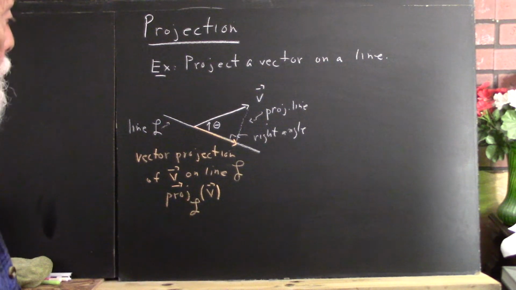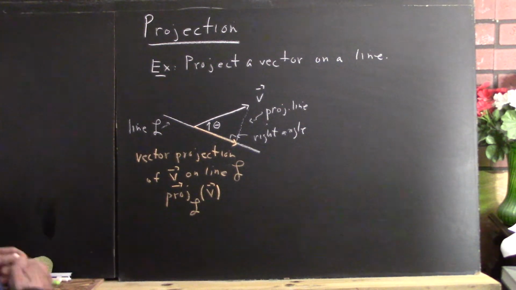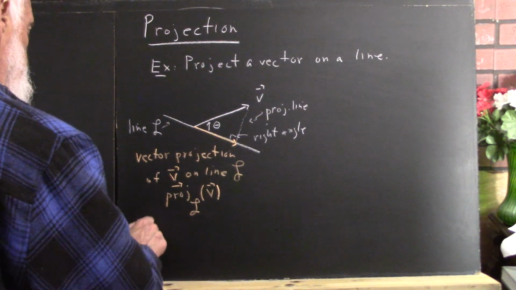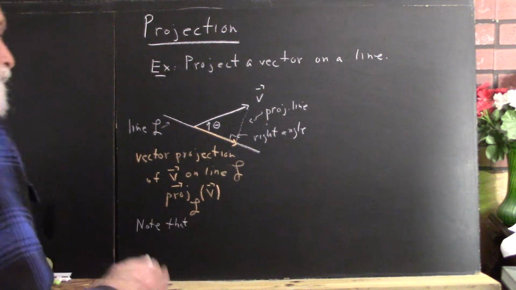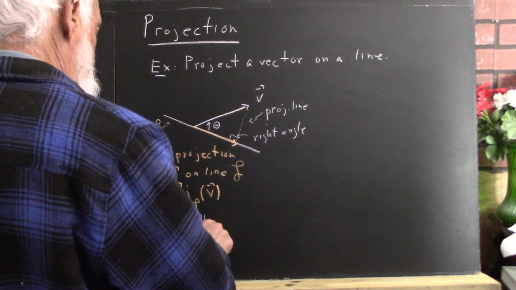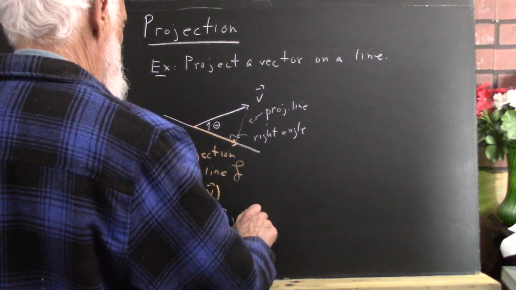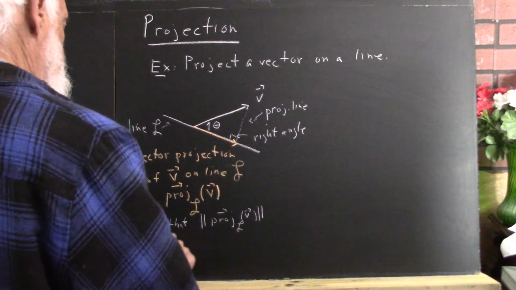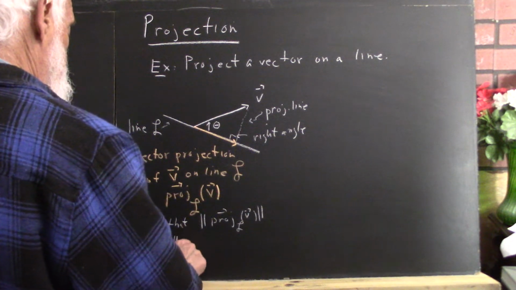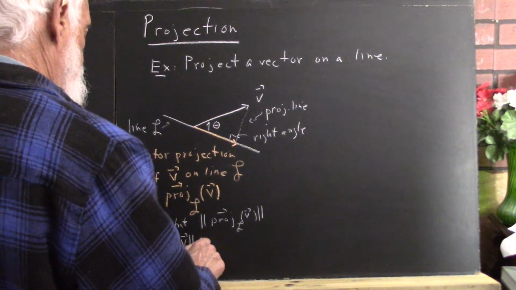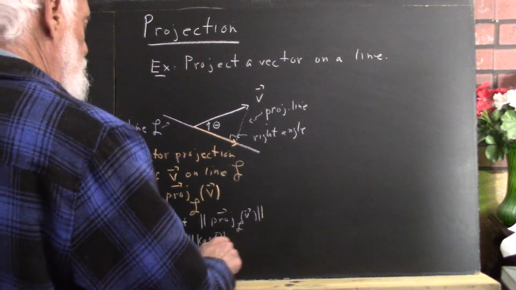That's simple enough. If we know the angle theta, then we can say the magnitude of the projection is equal to the magnitude of V times the absolute value of the cosine of theta.